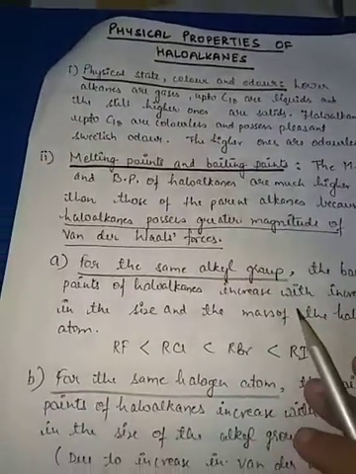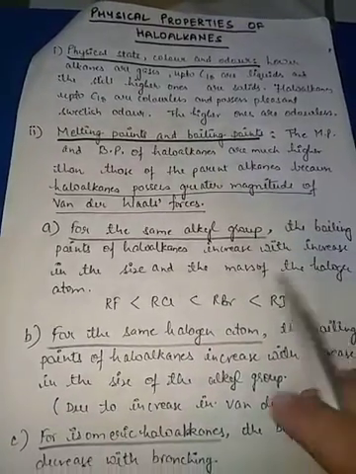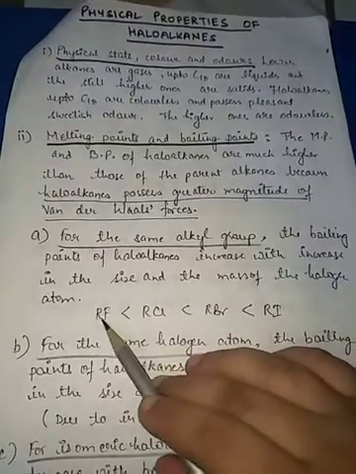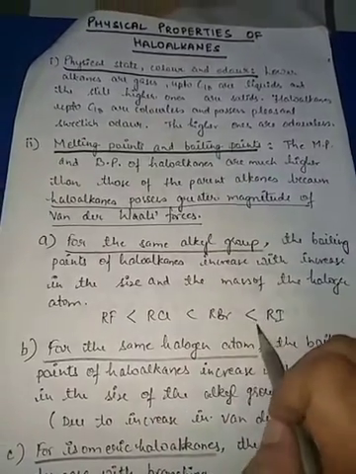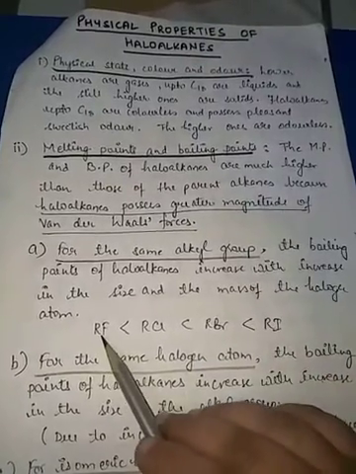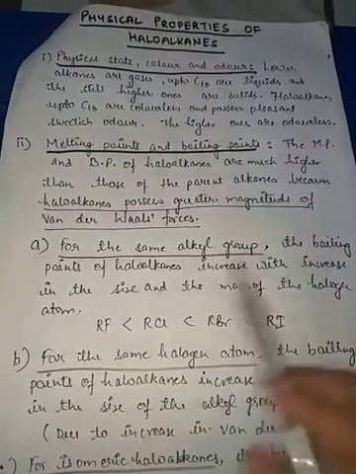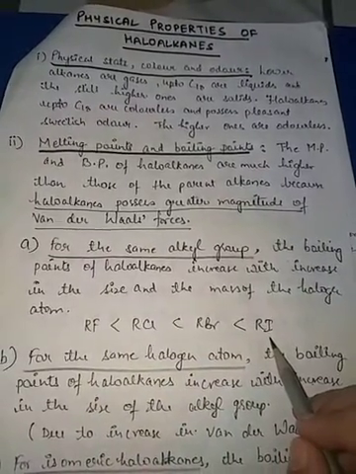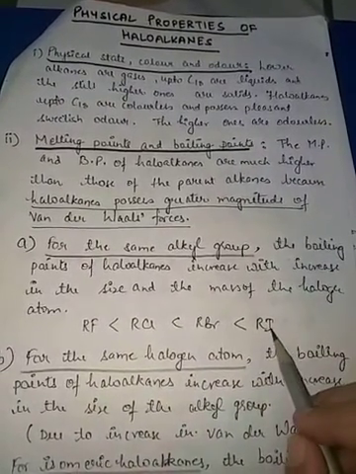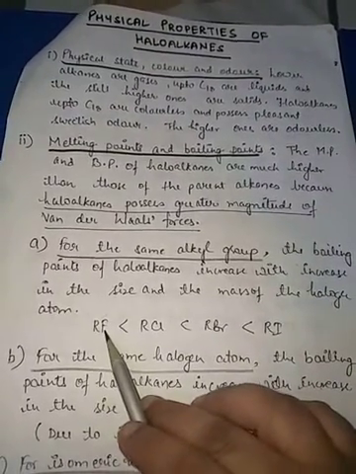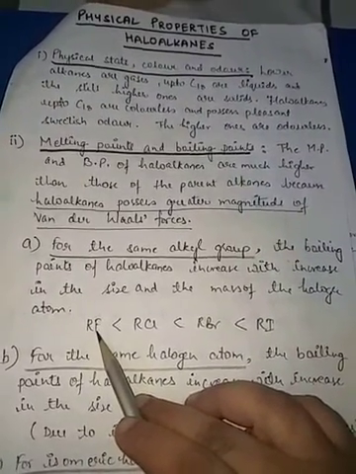Now see, three conditions are there. The first one is, if the alkyl group R is the same but the halogen atom is different, then for RF, RCl, RBr and RI, the boiling point of RI will be maximum, iodide, then bromine, then Cl, and the least will be of RF.